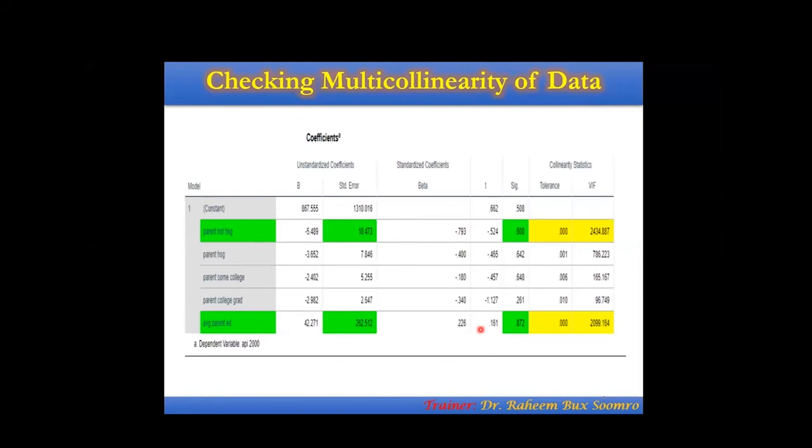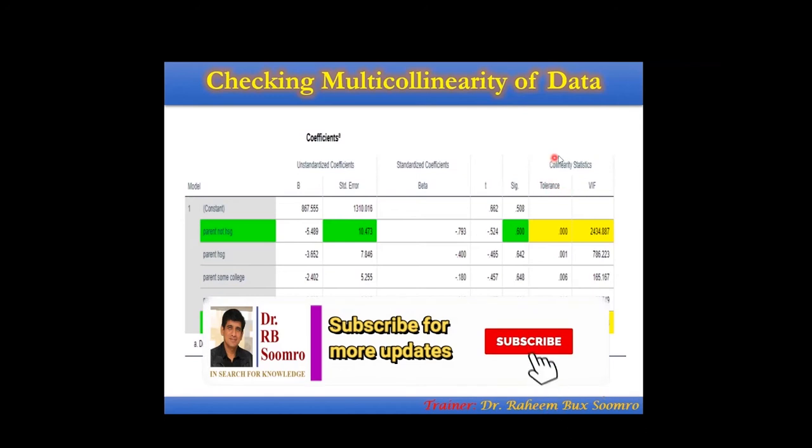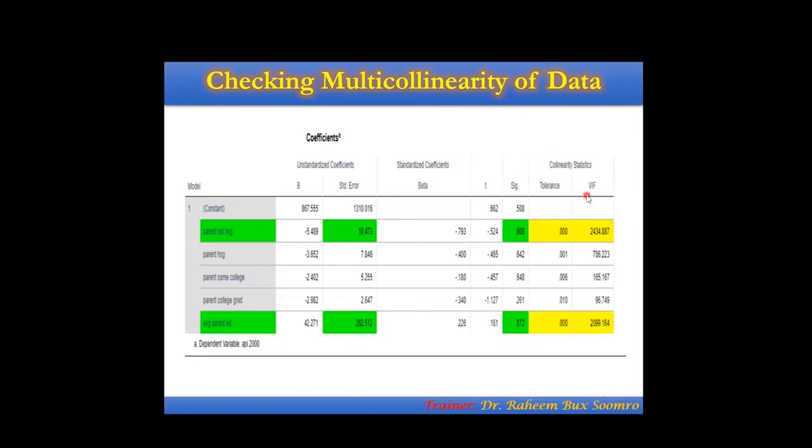Now, this is one type of coefficient result when you are applying multiple regression. Here, collinearity diagnostics are shown: tolerance and VIF. We are interested in the VIF. You see that for parents, the VIF is 2,434, and for average parent, it is 2,009.